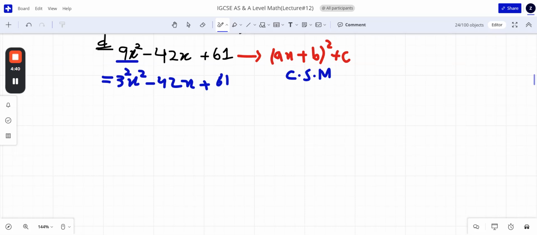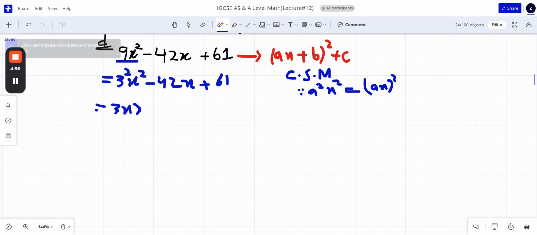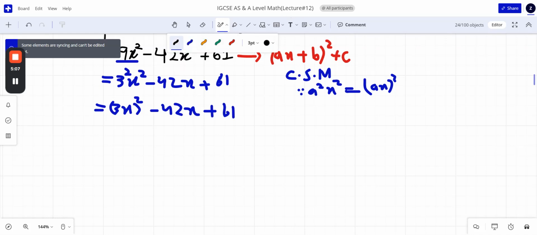So now we have 3 square x square, so we can write them together and take the square here. So it would be (3x) whole square, then minus 42x plus 61. Now here we will apply the completing square formula.